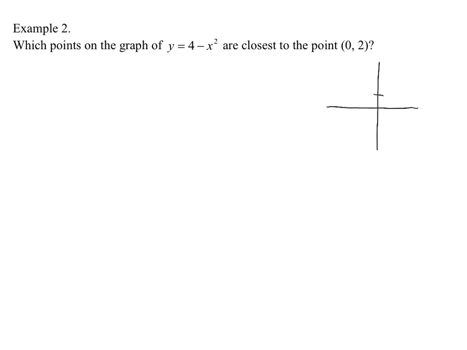It's been shifted up 4 units and then it's reflected, so it's aiming down. So there's a sketch of that parabola, and we want the point (0, 2). So we've got to find the closest distance, or the shortest distance. There's the optimization part.